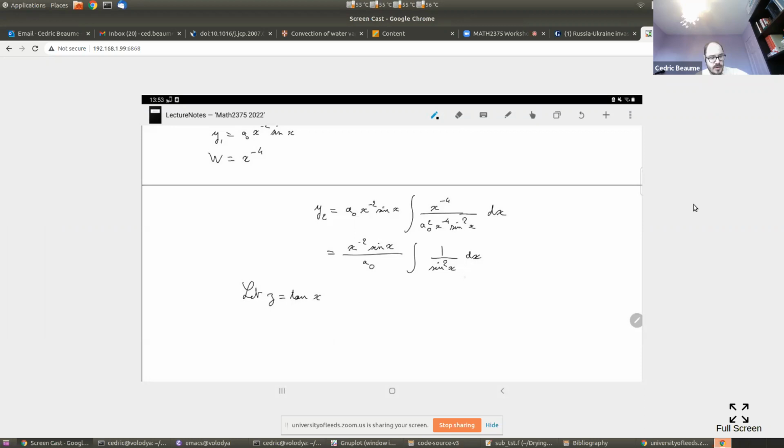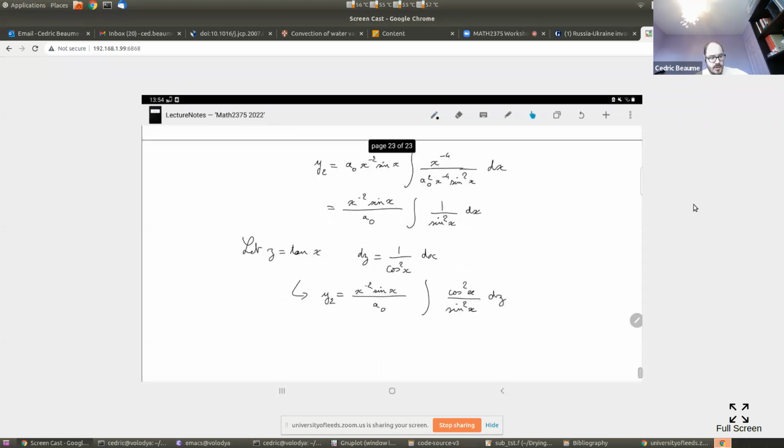So we can write down that dz is 1 over cos squared x dx. And so if I plug that in, y2 is (x minus 2 sine x) divided by a0 times the integral, and replacing the dx by cos squared x dz, I get cos squared x divided by sine squared x. Quite nice, right? dz.